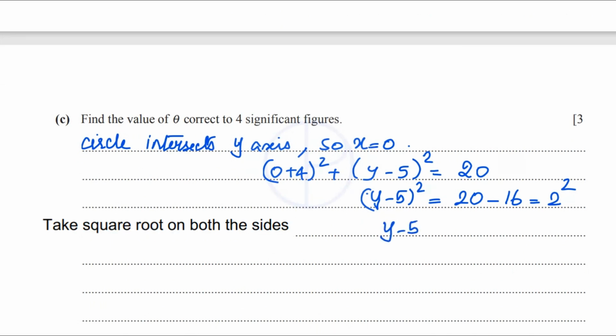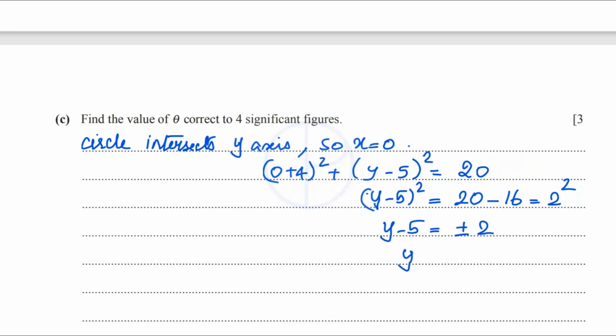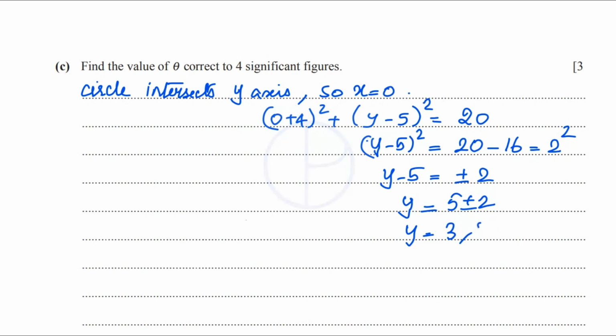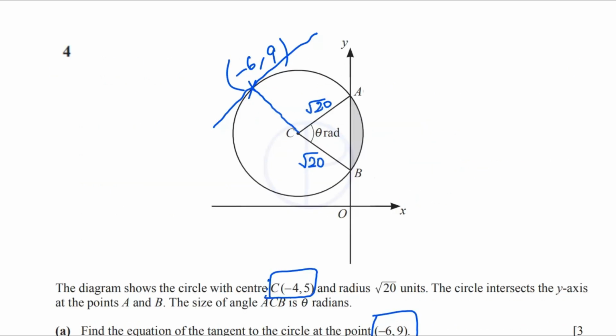So y minus 5 is equal to plus or minus 2. So what is y? y is 5 plus or minus 2. So y is 3, 7. So now we know the y coordinate values are 3 and 7. So which one will be 3 and which one will be 7? So B will be 3 and A will be 7. So (0, 7) and (0, 3).